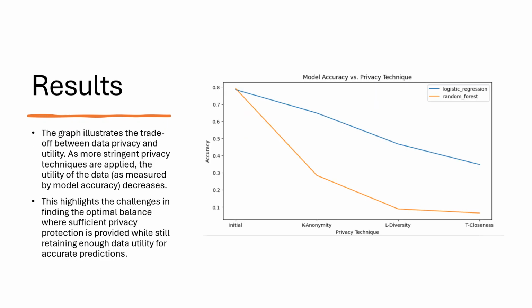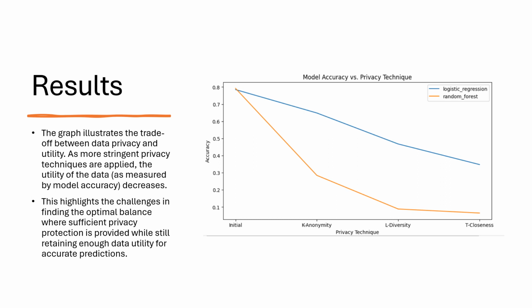The obtained anonymized dataset, subjected to the machine learning models, yields the following results. Initially, when no privacy-preserving measures are applied, both models perform at approximately 80% accuracy. As the privacy constraints intensify from k-anonymity to L-diversity and finally to t-closeness, the accuracy for both models decreases.